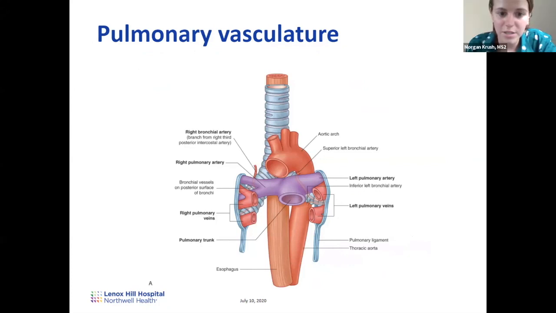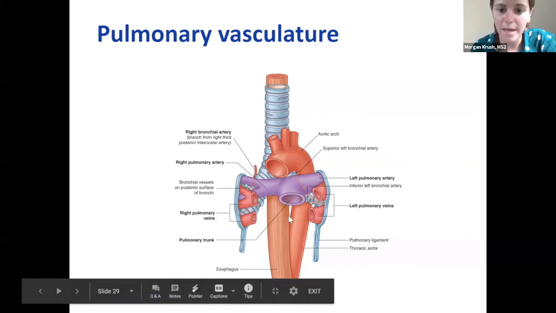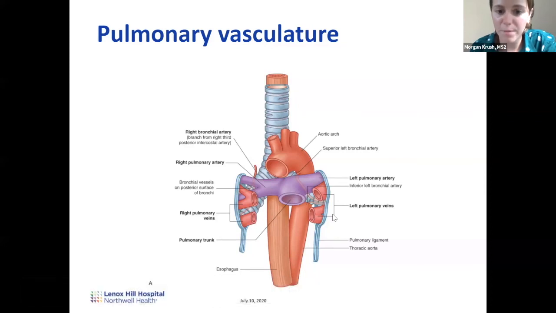And this is actually interesting because it's an artery that is carrying deoxygenated blood, compared to normally arteries carrying oxygenated blood. So your pulmonary veins are going to be bringing oxygenated blood back to the heart to then be pumped out to the whole rest of the system.